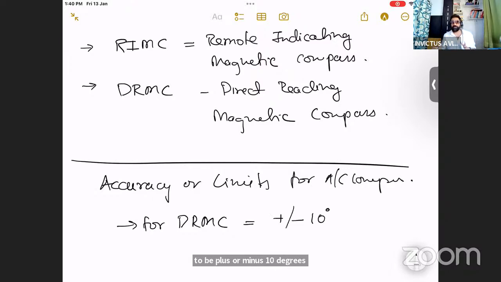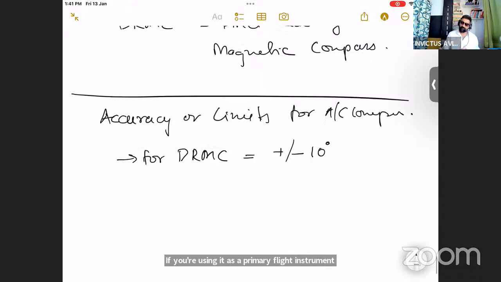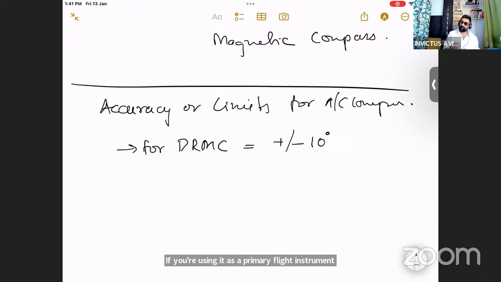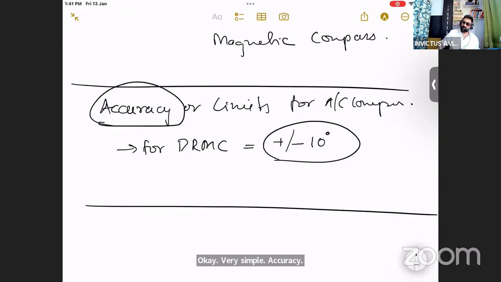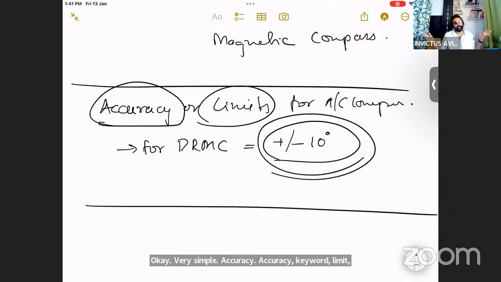So your deviation should not be more than 10 degrees. If it is, then you don't take that compass for your flight if you're using it as a primary flight instrument. Accuracy keyword, limit keyword, plus minus 10 degrees. Simple, highly scoring point.